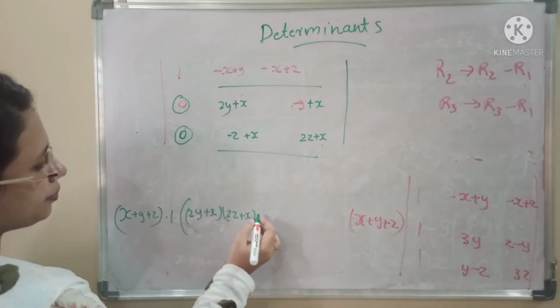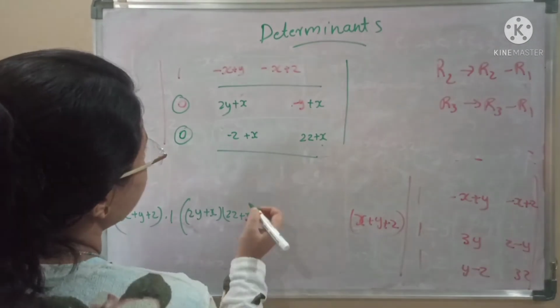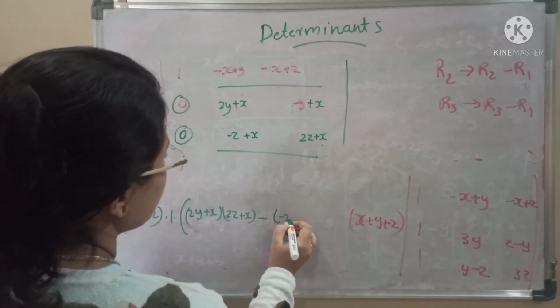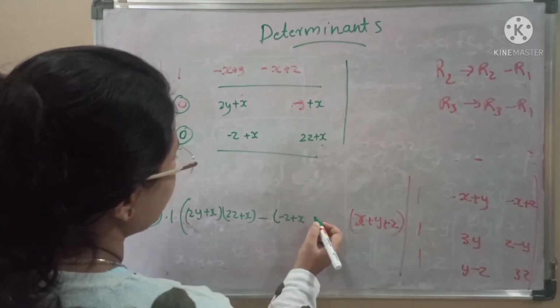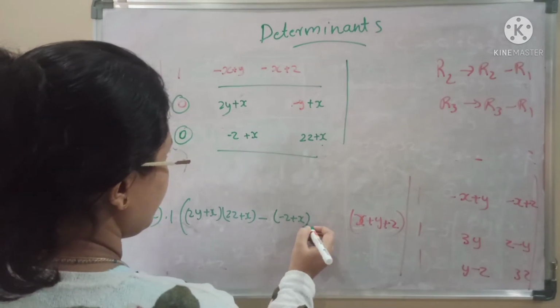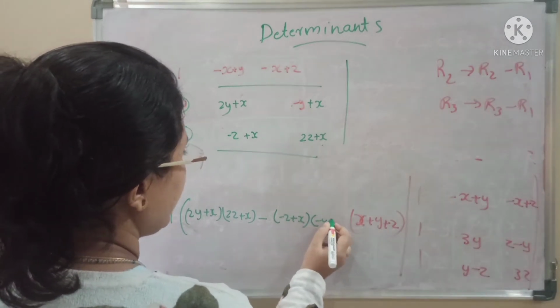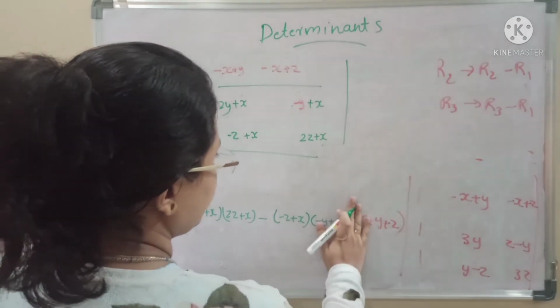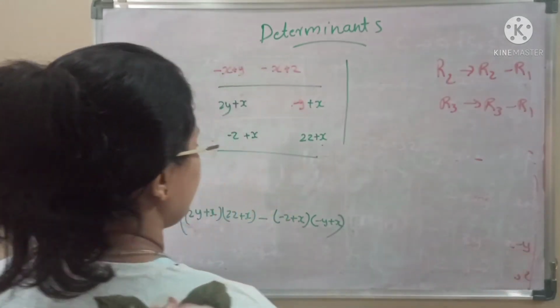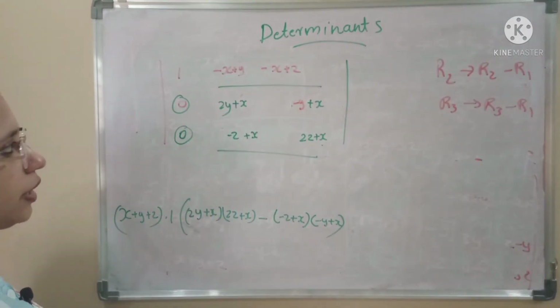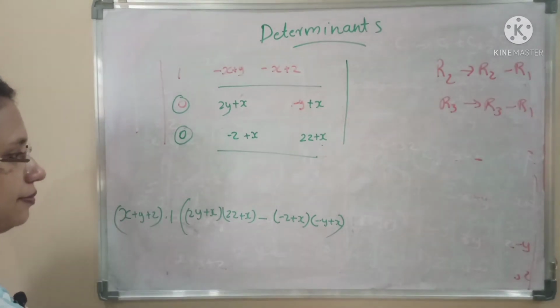Okay. Minus z plus x into minus y plus x. Okay, we will get it like this.